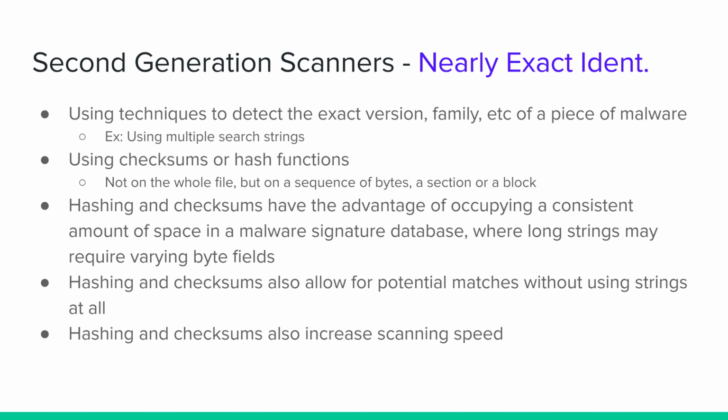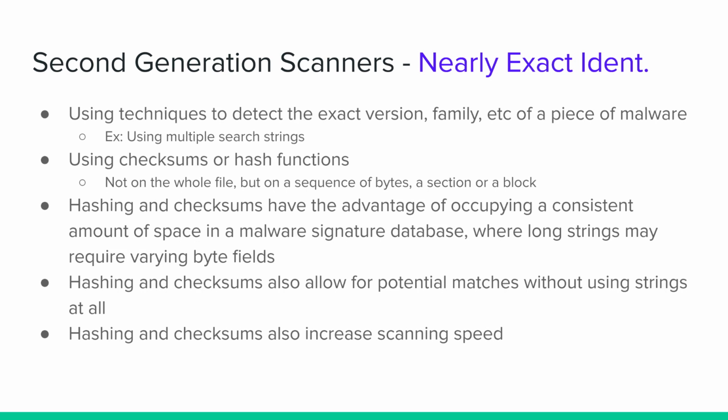The goal being, maybe I've got a 512 byte or maybe a 100 byte signature. Well, maybe it's a bit faster if I just take that, do a quick hash of it to something more simplistic that I can compare to a smaller numeric value, and this will speed up the scanning a little bit. An additional nice to have or cool feature you get when you start using things like hashes or checksums is that the hash is a consistent size, right? Regardless of the size of the input that's put into it.